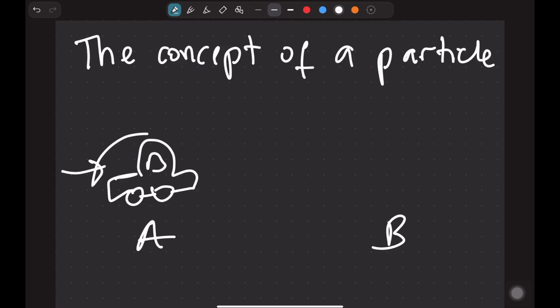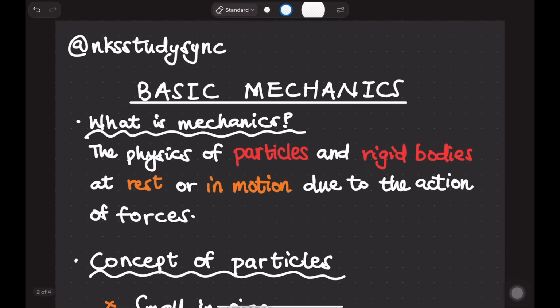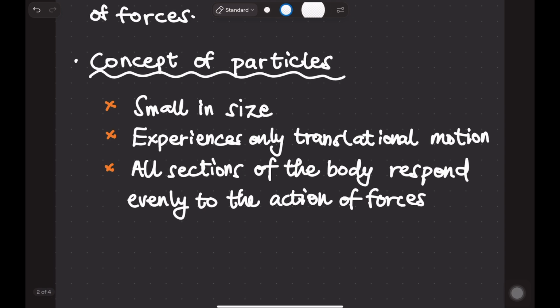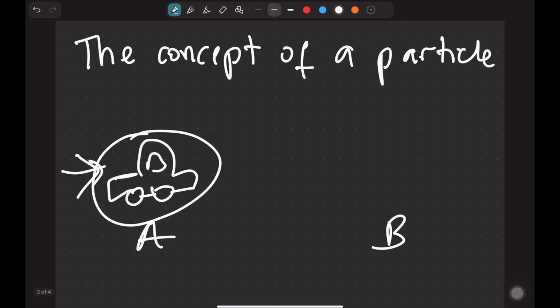So you can say that this whole car will be moved from point A to point B by that force. So then we can say that all sections of the body of the car respond evenly to the action of the forces. So we take it, and then the car experiences a translational motion.